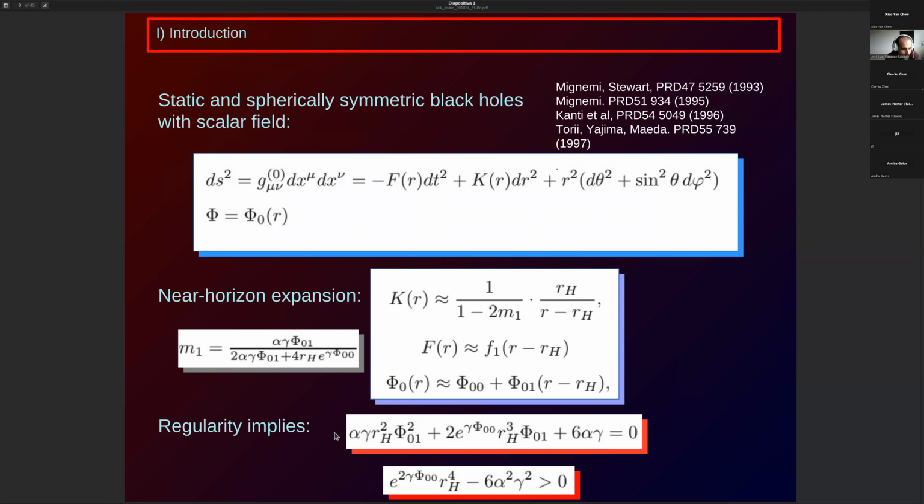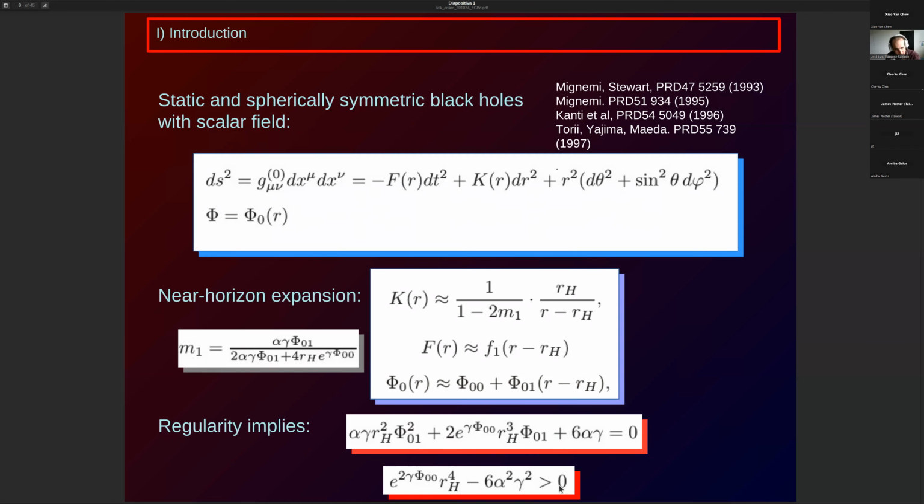One of them tells you that regularity implies that this condition has to be satisfied. This condition looks a bit ugly, but essentially it is a quadratic equation in the first derivative of the scalar field near the horizon. It gives you a lower bound, because for this to have real solutions for the scalar field, this combination of quantities has to be larger than 0.